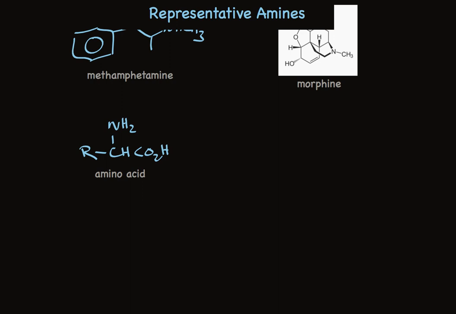I put this general formulation for an amino acid on here because amino acids are key building blocks in proteins and peptides. In fact, amino acids generally account for the catalytic behavior of proteins and peptides, and so they're critical for life. Often they'd be called alpha amino acids because the amino group appears on the alpha carbon.